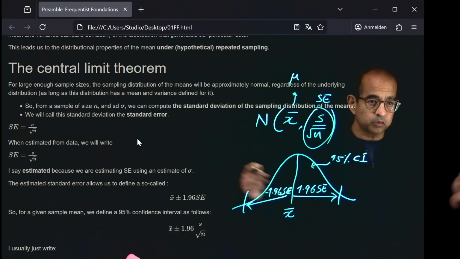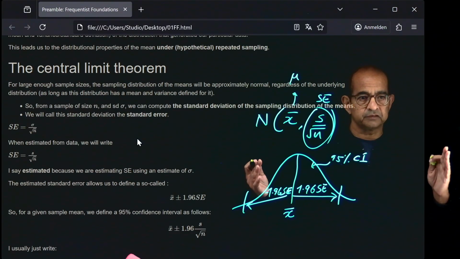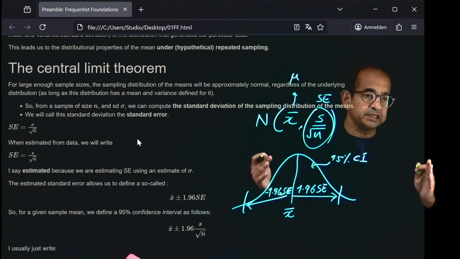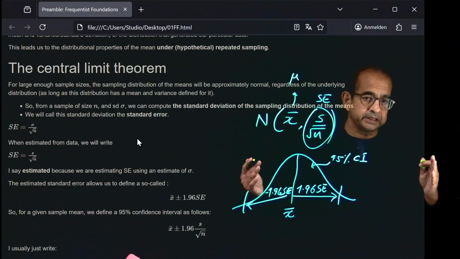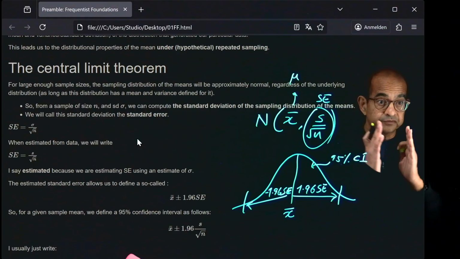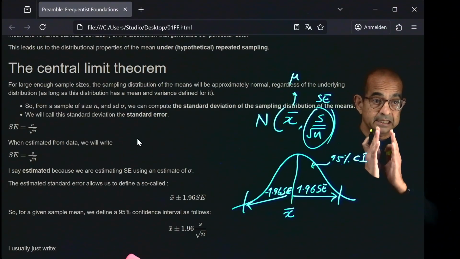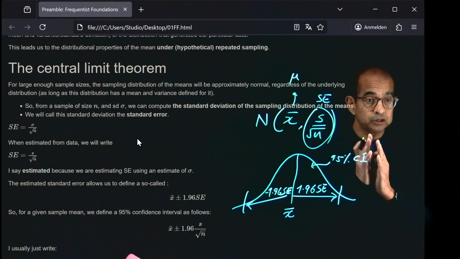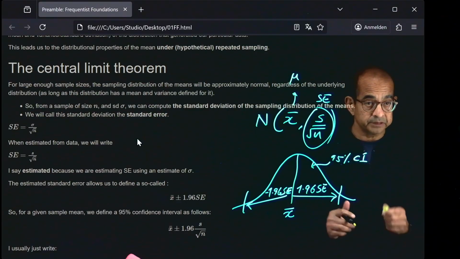If this interval is wide, then we have a lot of potential variability in the sample mean if we were to run the experiment repeatedly. And if the confidence interval is very tight, that tells us that under repeated sampling, we would get very little variability in the sample means.